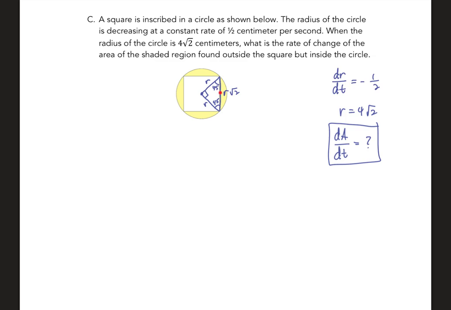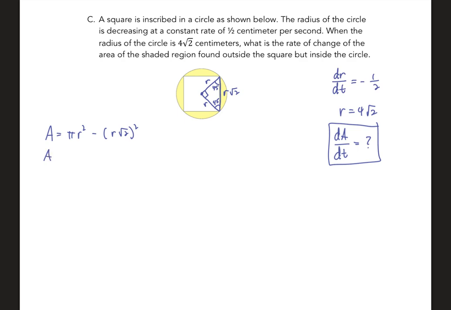Now that we've represented the side of the square, we can square it to get the area of the square. Then we subtract those. So the area of the shaded region is the area of the circle, pi r squared, minus the area of the square, the side length squared.